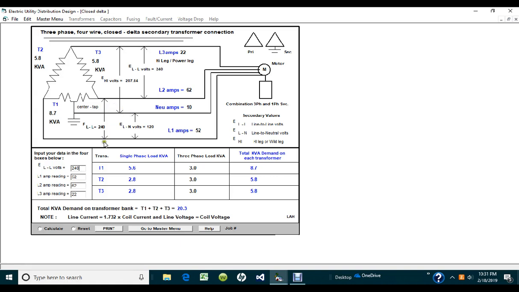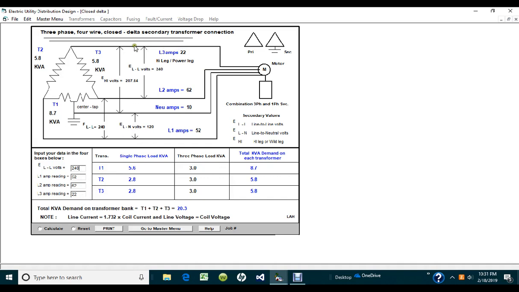All you really need to know is what that load is that the customer is going to be asking for or going to be drawing away from that particular bank. And once you determine that, then you can see what happens once everything is added up together. This is pretty quick, but anyhow, it gives you an idea of how the closed delta bank works. To keep in mind two important things.